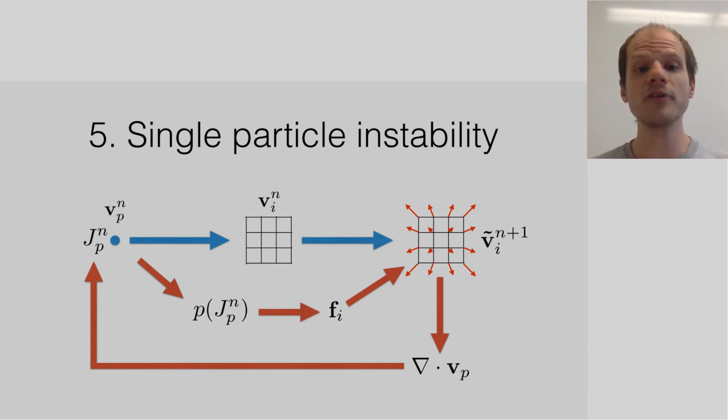This gives us velocities on the grid that either are expanding or contracting based on the original J. Because the velocities are no longer 0, we'll have a non-zero divergence of velocity, which is used to update the J on the particles. These red arrows correspond to a feedback loop. If the time step size is chosen too large, this feedback loop may diverge.